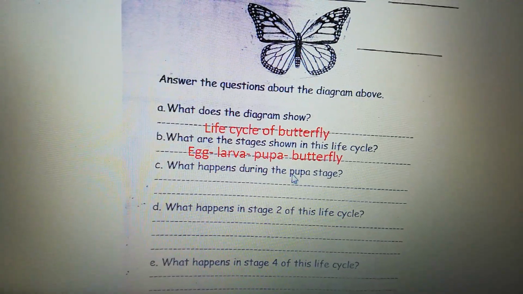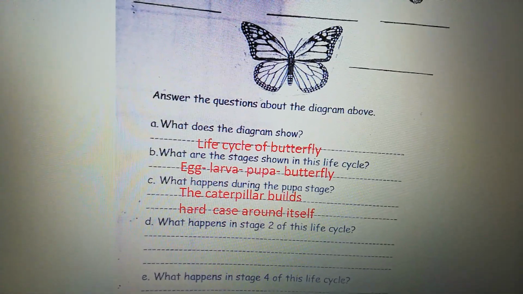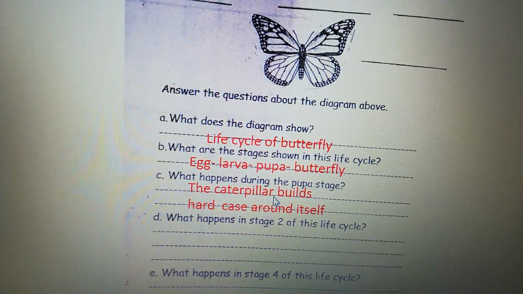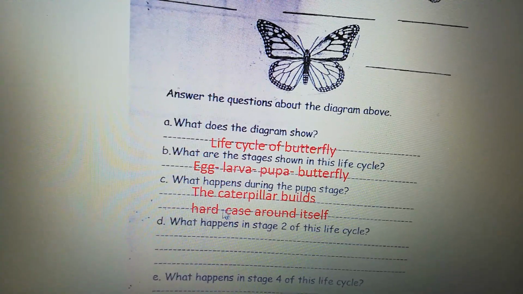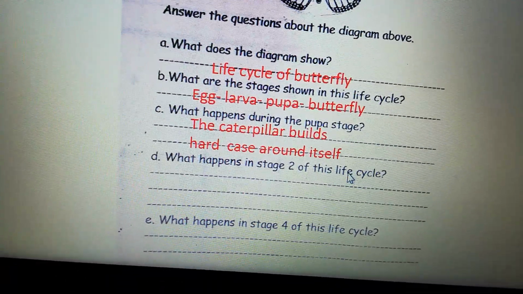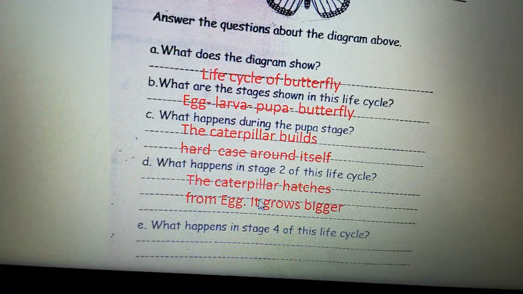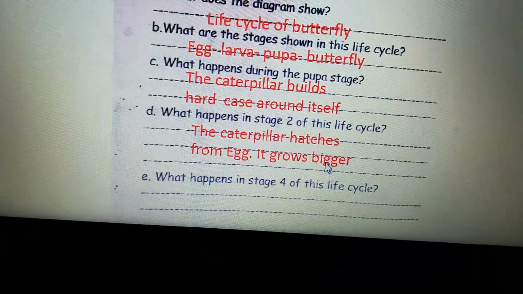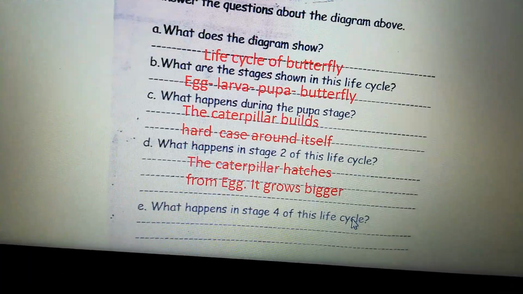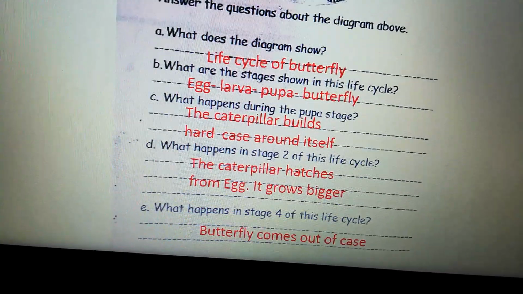What happens during the pupa stage? The caterpillar builds a hard case around itself in stage 3. Okay, so it builds a hard case. What happens in stage 2 of the life cycle? In stage 2, the caterpillar hatches from the egg and it grows bigger. What happens in stage 4 of this life cycle? In stage 4, the butterfly comes out of the case.